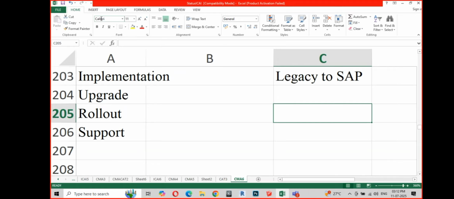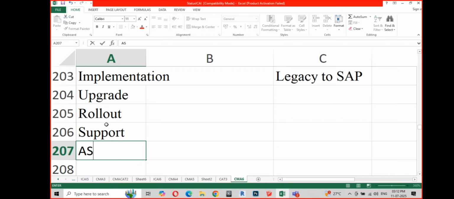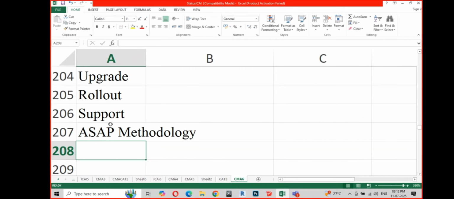Now, how does a project start? Let it be any of the projects. Now in ECC, the methodology adopted for the implementation steps is called ASAP, accelerated SAP. A stands for accelerated.